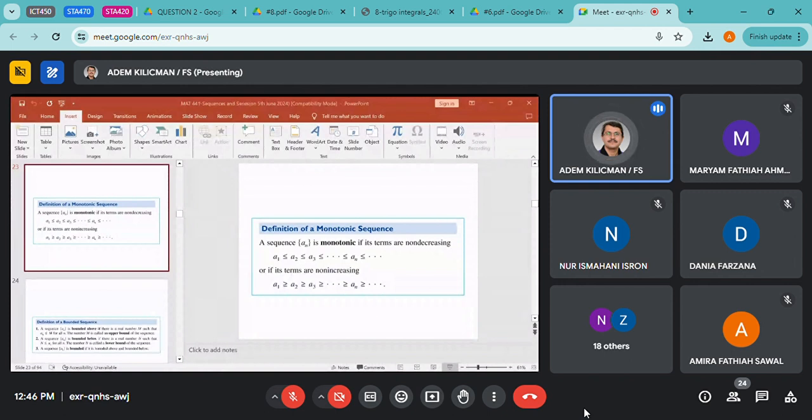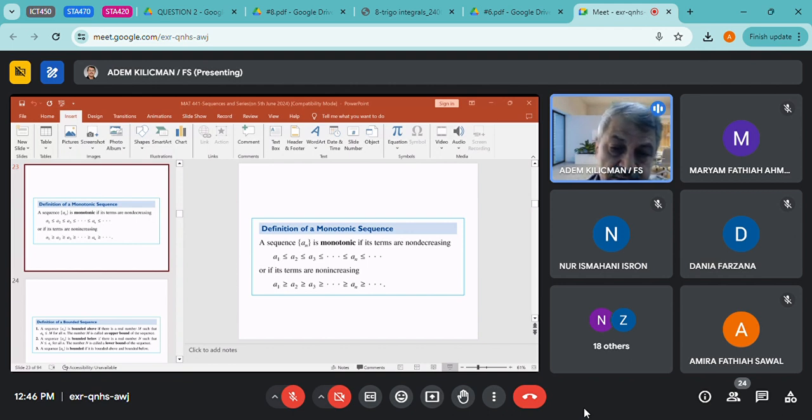Then if M is a lower bound but no number greater than M is a lower bound, then M is called the greatest lower bound. It means that all the terms of a_n are greater than 3 basically. So the greatest lower bound here is 3.